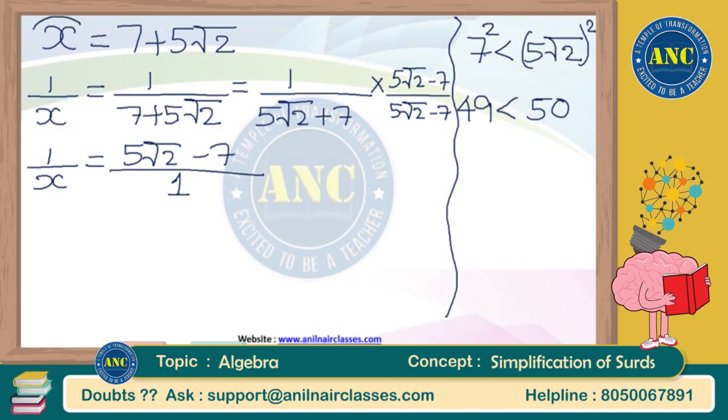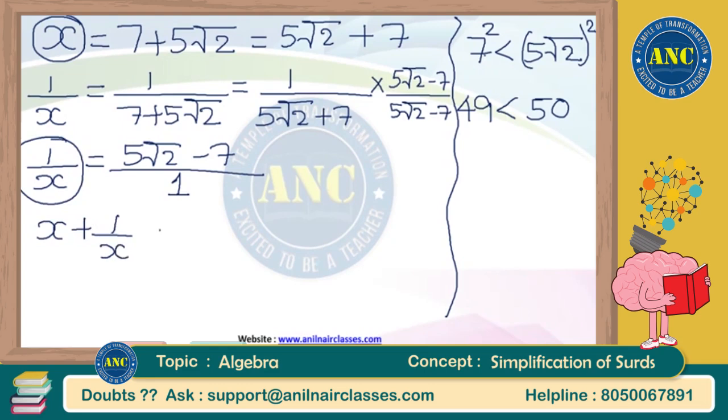So x is 7 plus 5 root 2, or I can say x is 5 root 2 plus 7. Addition is commutative, sir. I hope you know that concept also. x is 5 root 2 plus 7. 1 by x is 5 root 2 minus 7. So if I add them, x plus 1 by x is 5 root 2 plus 5 root 2, which is 10 root 2. x minus 1 by x is 7 minus of minus 7, it is nothing but 14.